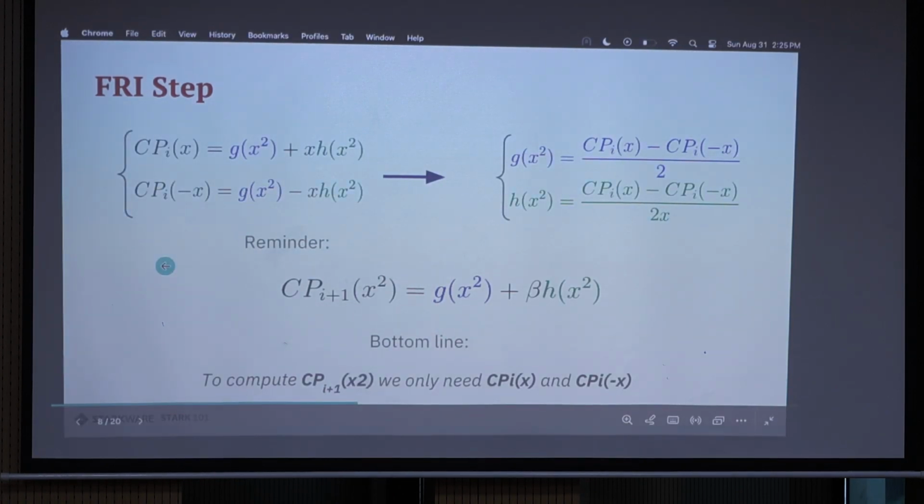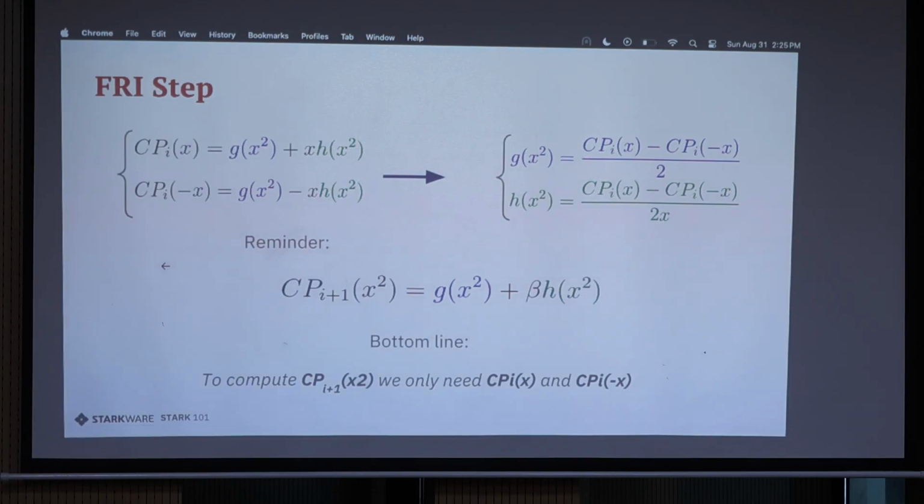And here is why the verifier can compute Cp1 of x squared. Initially Cpi of x is g of x squared plus x h of x squared, right? Then Cpi of minus x, just create a minus x, so you get g of x squared minus x h of x squared. So essentially we're able to represent g of x squared and h of x squared using Cpi of x and Cpi of minus x.